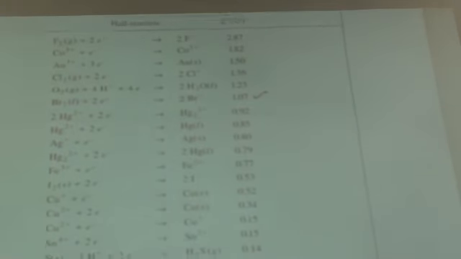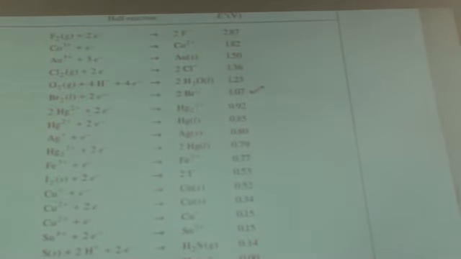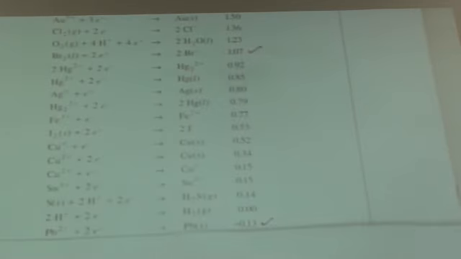Oh, look, kind of just left that go, didn't I there? All right, 2 bromines, and this will go to lead plus 2 electrons. Are we on the same page there?